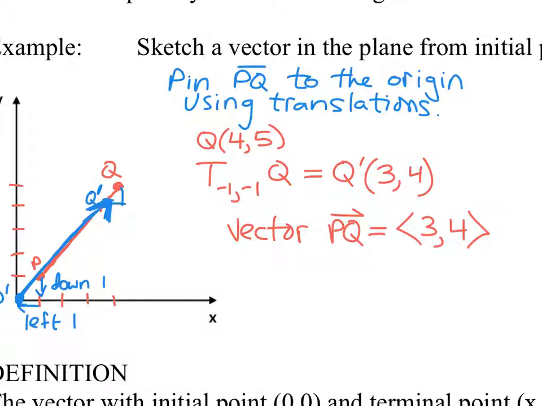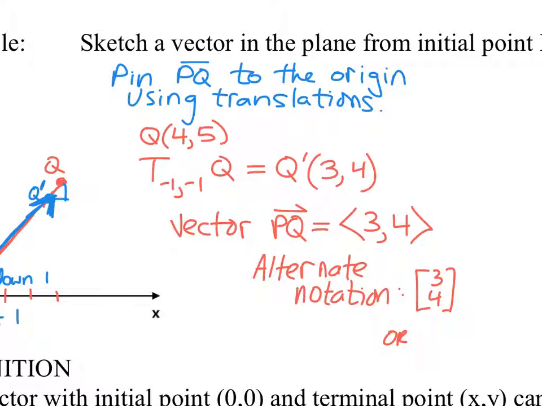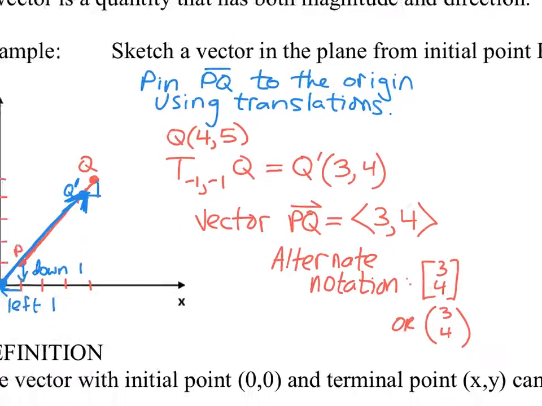Now, you may be familiar with another form of the notation. You might see hard brackets with 3, 4, or even curved brackets with 3, 4. They mean the same thing.